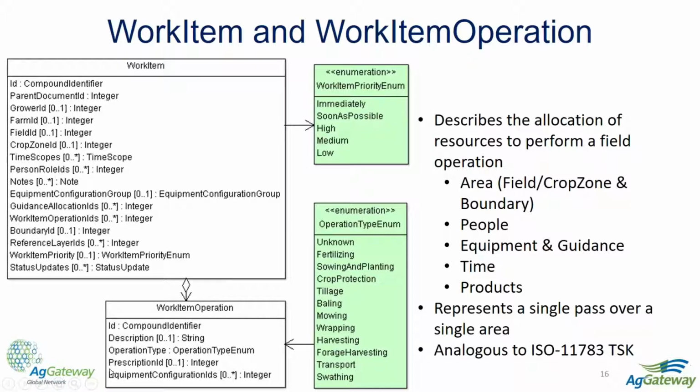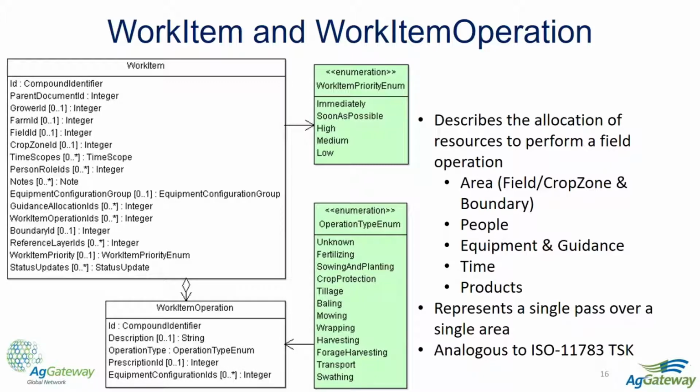Am I doing some kind of precision harvesting? Am I doing crop nutrition? What am I doing here? That's the operation type. Like I said earlier, it can give us specific equipment configuration now for a specific implement that will be performing this, and it will reference a prescription. The prescription is where the products and rates exist.